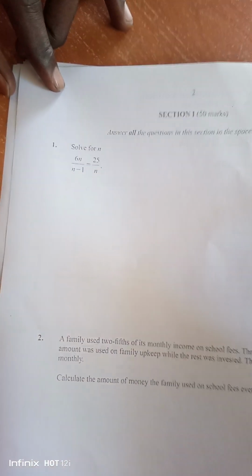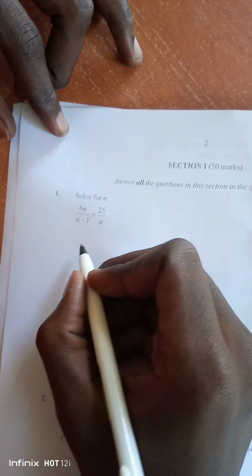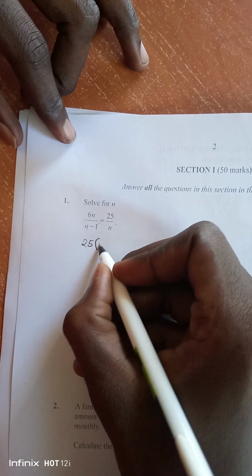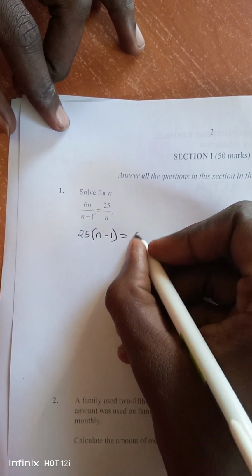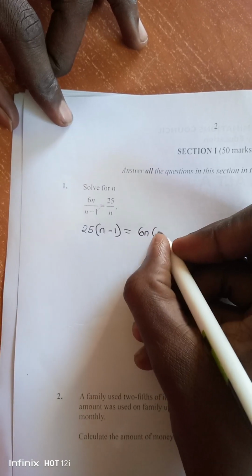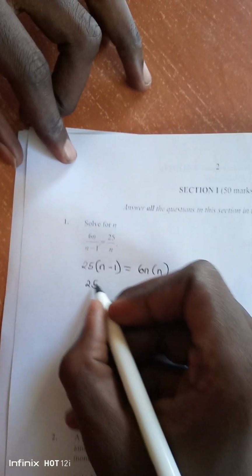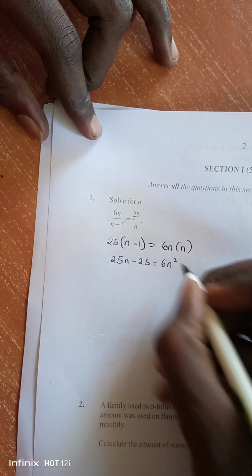When you are given such a question, it means that we can cross multiply. Tukicross multiply, hii itakuwa ni 25 will have multiplied with n minus 1 ambayo itakuwa equal na 6n imekuwa multiplied na n. So tukiopen the bracket inakuwa 25n minus 25 equals to 6n times n inakuwa 6n squared.